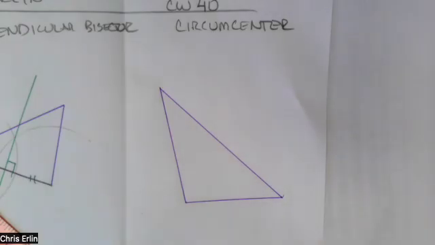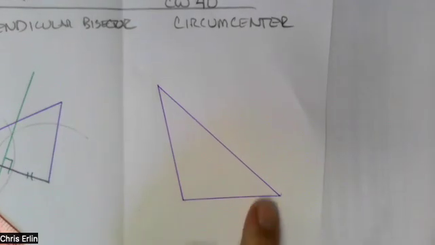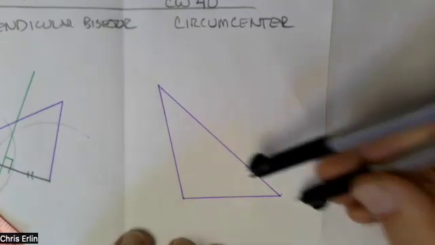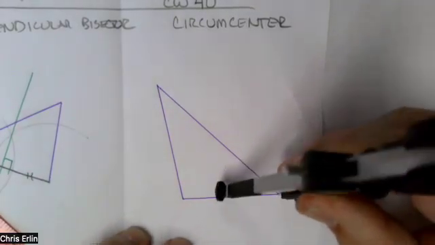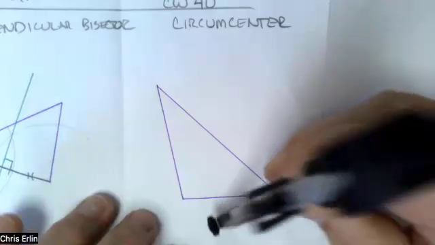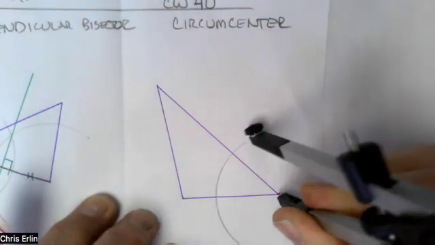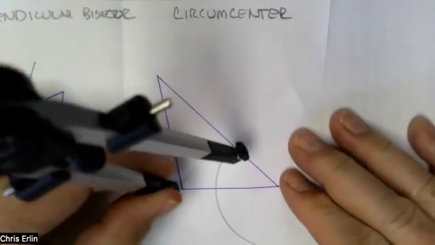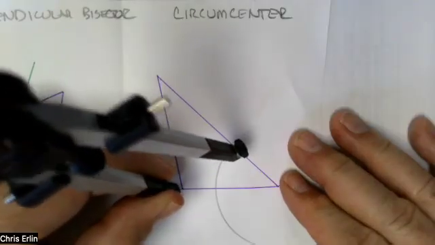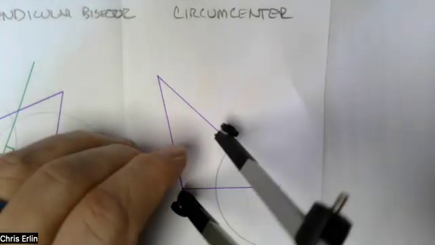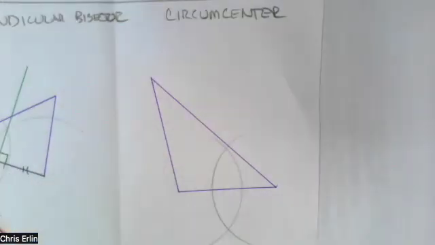And now we're going to construct perpendicular bisectors to all three sides. I'm going to do my bottom side first. So from this end, I go more than halfway. Make an arc. Same from the other end. Make an arc.